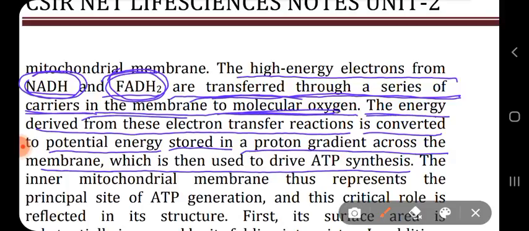Now the energy derived from these electron transfer reactions, which together is called the electron transport chain, will be converted into potential energy. That energy will be stored in a proton gradient across the mitochondrial membrane, which is then used to drive ATP synthesis.